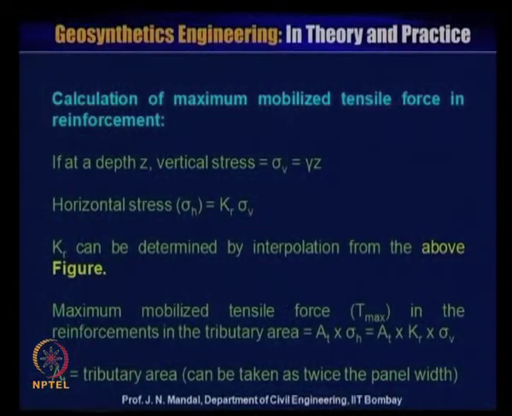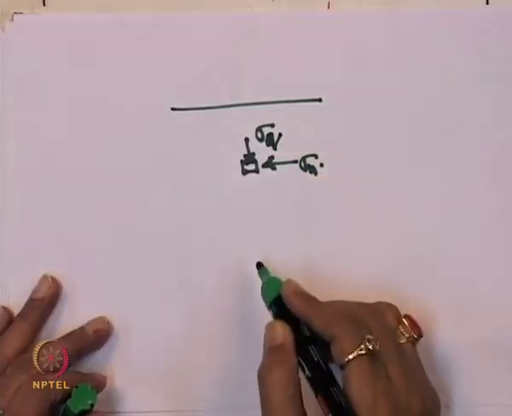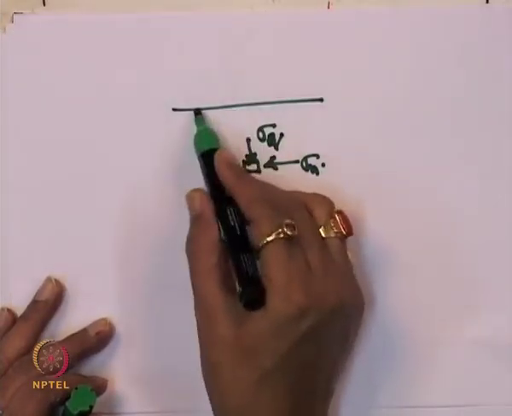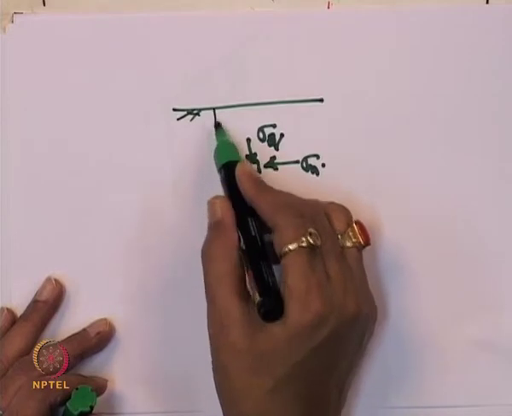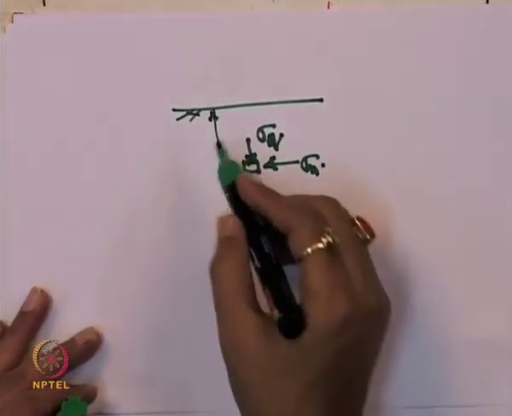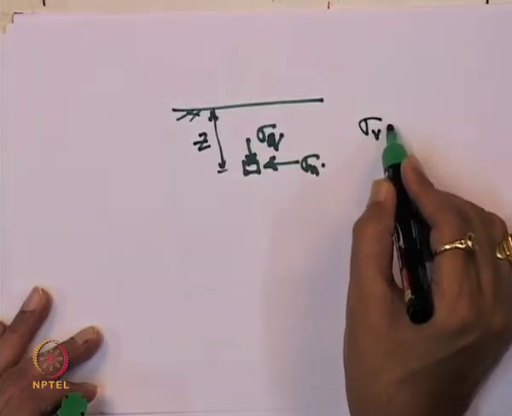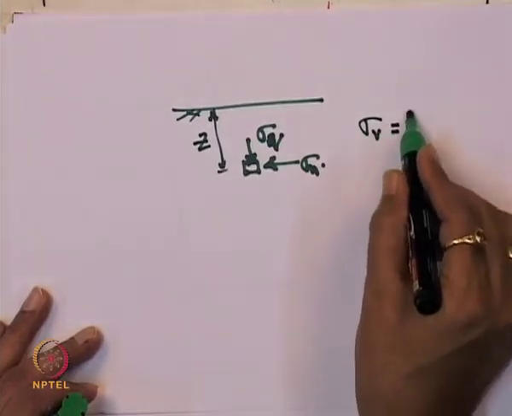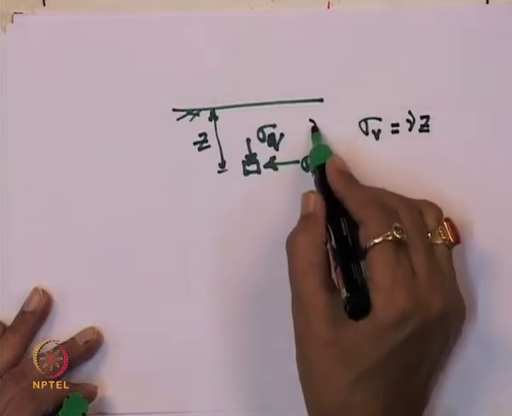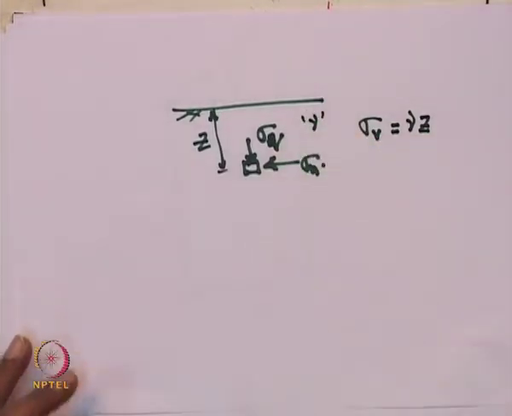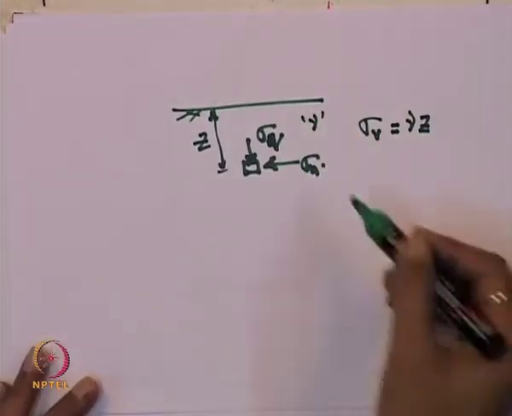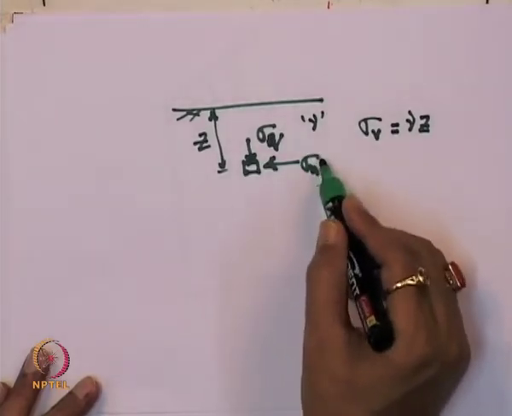So, sigma V is equal to gamma into Z, where gamma is the unit weight of the soil, and the horizontal stress is sigma H.